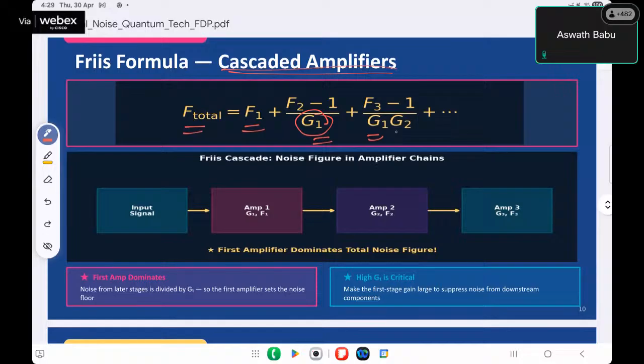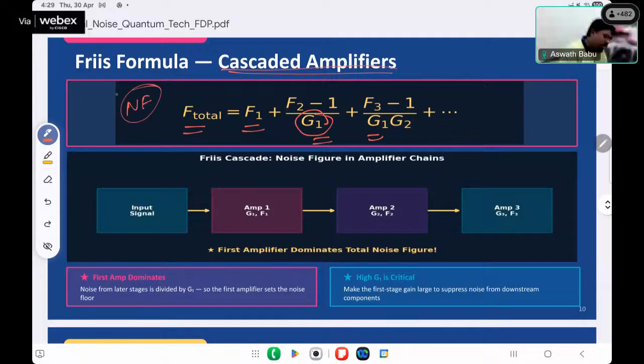F1, F2, F3 are actually noise factors. NF I wrote earlier, so instead of writing NF, I just wrote F. They are the noise factors. So what is the noise factor? NF is SNR in to SNR out. They're meant to be equal in SNRs, so NF is meant to be 1.